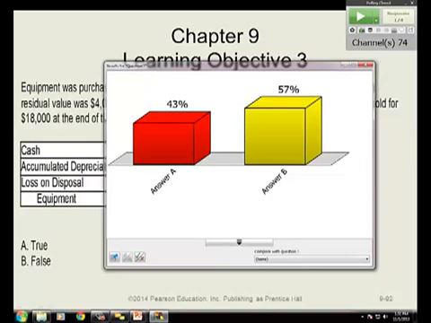Selling price was 18, and the net book value was 20. So the loss on sale is 2,000.